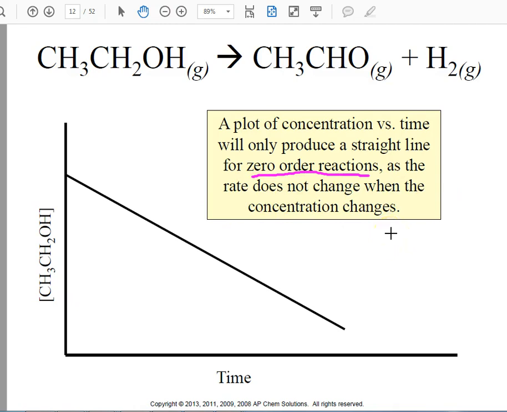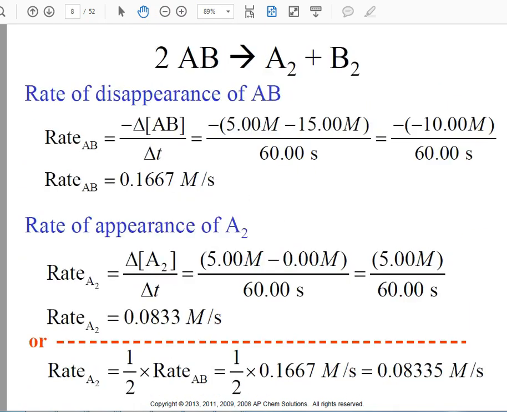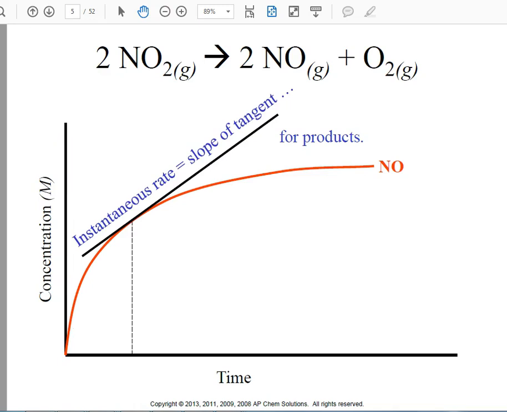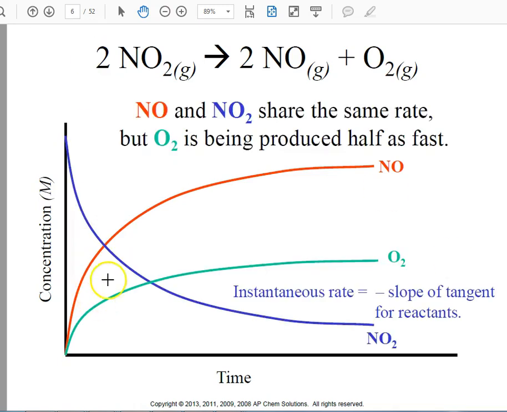Remember back when we looked at the concentration versus time, actually let me flip back. These graphs, see how these are not straight lines? So over time, as the concentration of this thing changes over time, it's not a straight line, right?